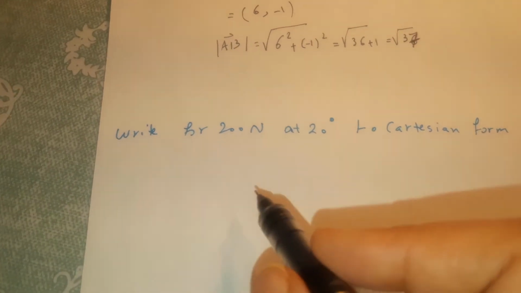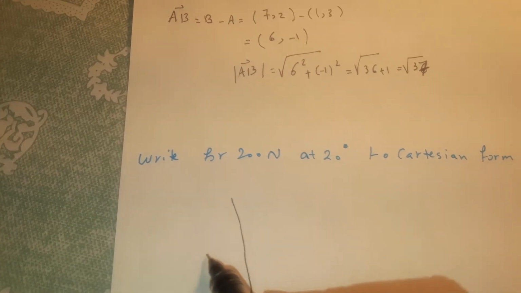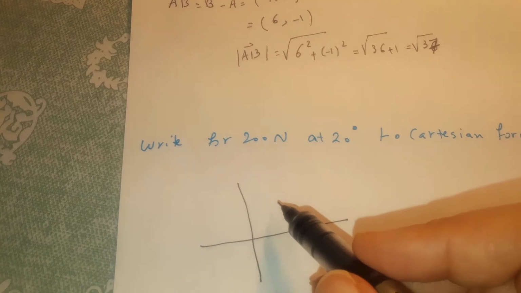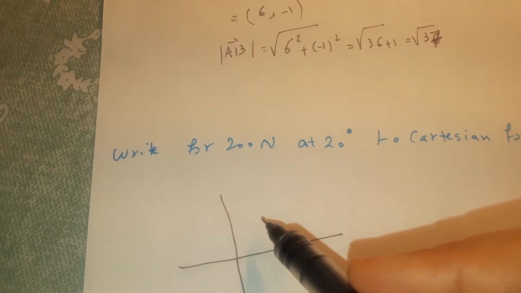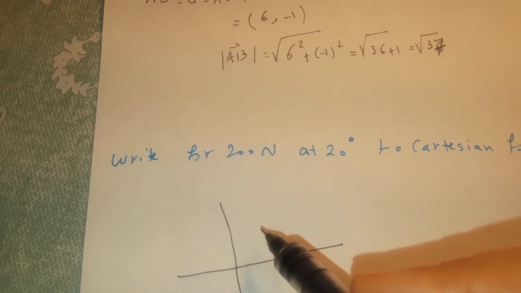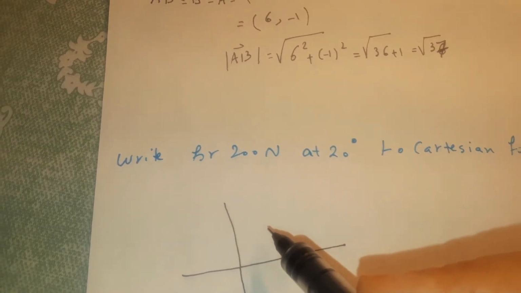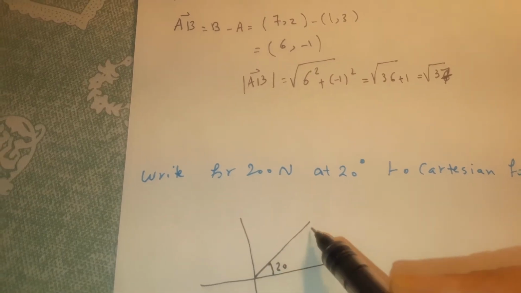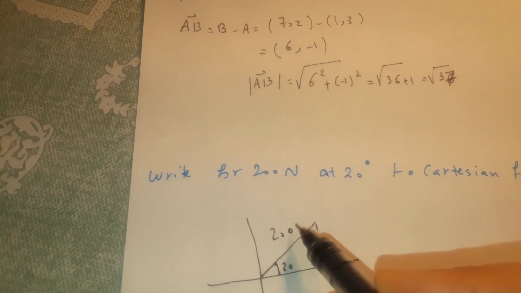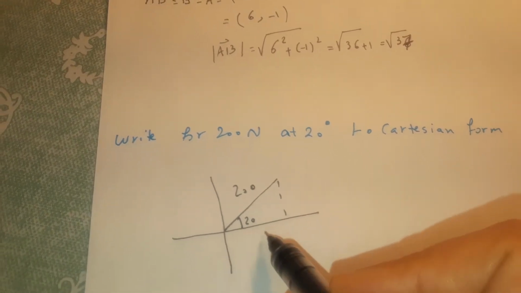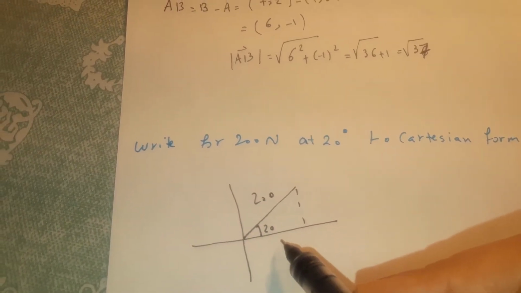So I just need to draw that first. So at 20 degrees, I'm assuming that 20 degrees is the angle that it makes with the x-axis. So if this is 200, I know the x component according to the trigonometry ratio.